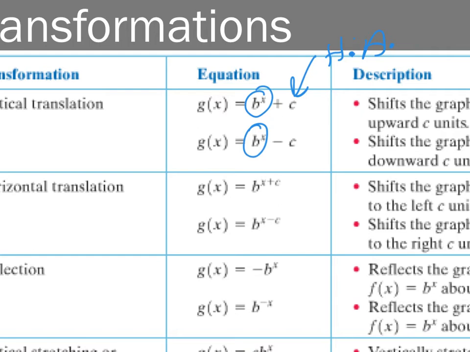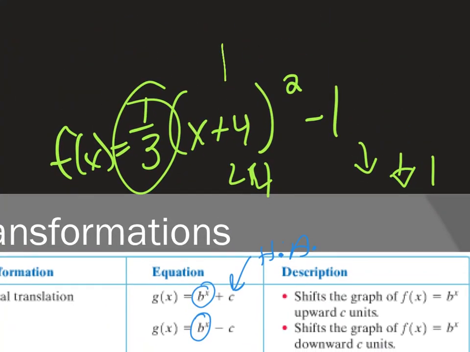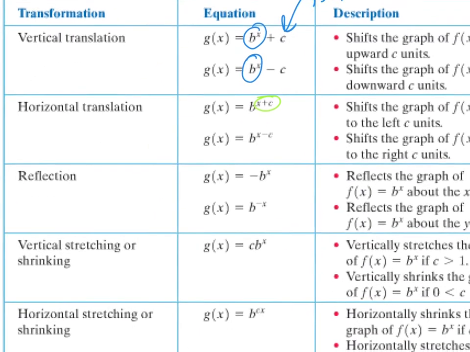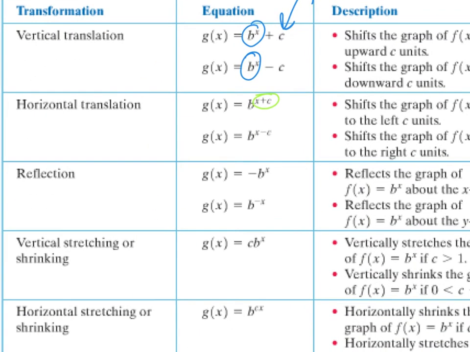Oh, it's with the x, just like it is up here. Our left and right goes with the x, whatever it's kind of stuck with. Same thing with exponentials. For our reflections, if I have a negative out in front, that's going to reflect over the x-axis. If I have a negative up here with the x, it's going to reflect over the y-axis.